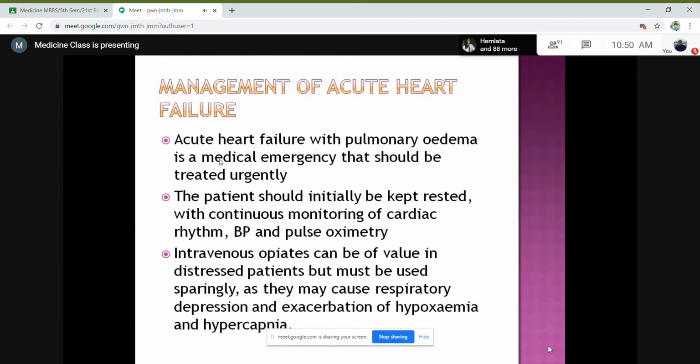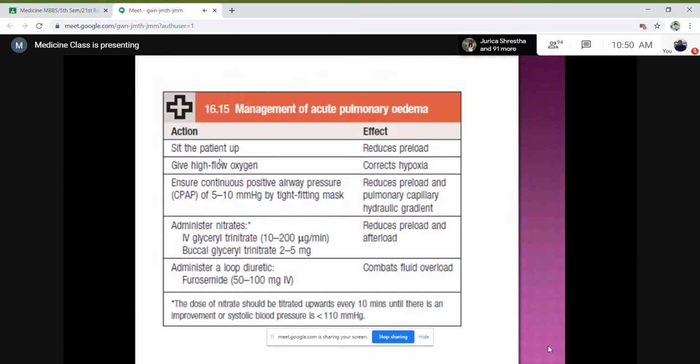Immediately after the patient enters the emergency room or the ICU, intravenous opiates can be given, which helps decrease the distress in these patients. But they should be used very cautiously because they may cause respiratory depression and exacerbation of hypoxemia and hypercapnia.